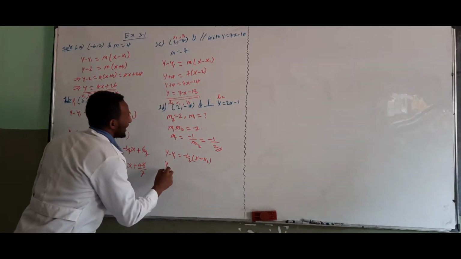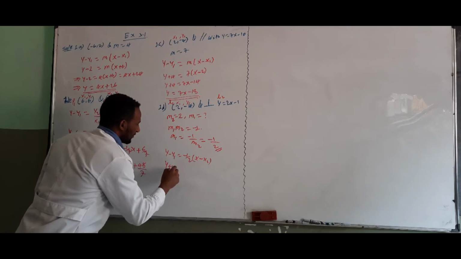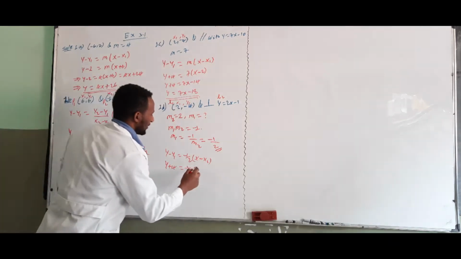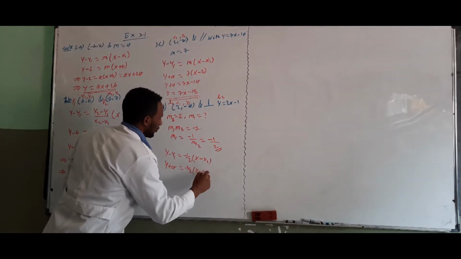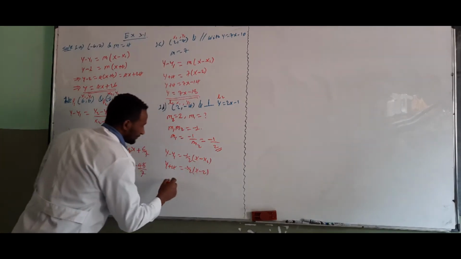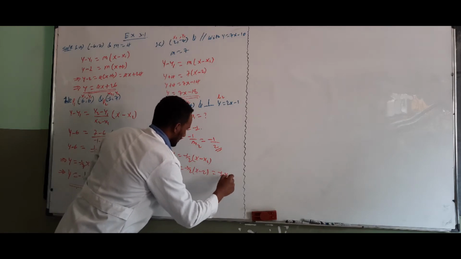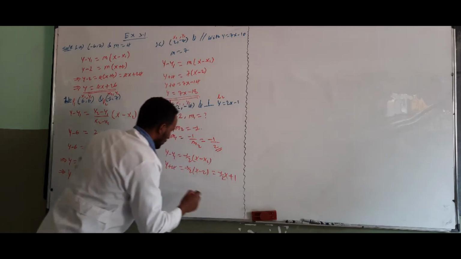Then y minus y1, meaning y plus 4, is equal to negative 1 over 2 times x minus x1, meaning x minus 2, which is equal to negative 1 over 2 x plus 1.